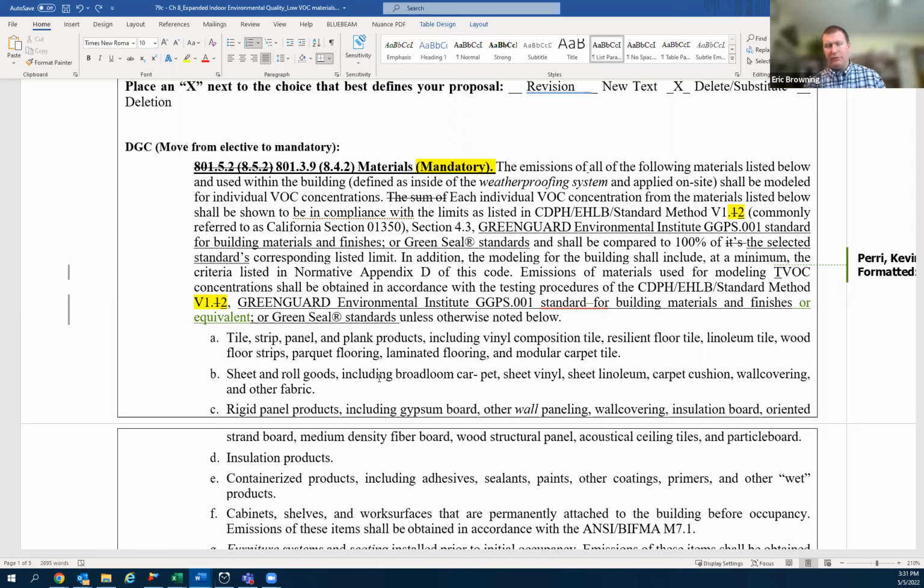Both. There's SCS Indoor Advantage, there's CARB, there's SCAQMD, there's MOS certified green. There's a lot of certifications around TVOCs that could fall into that paragraph there.